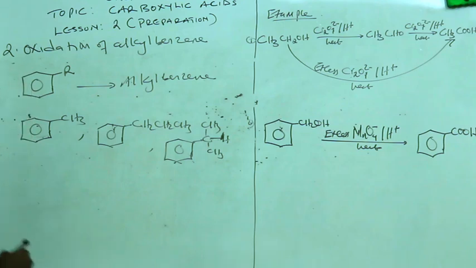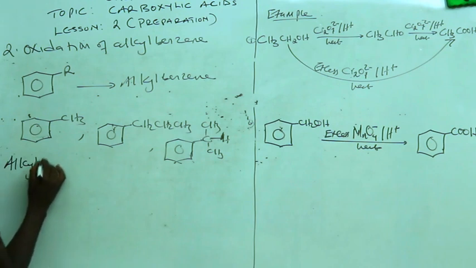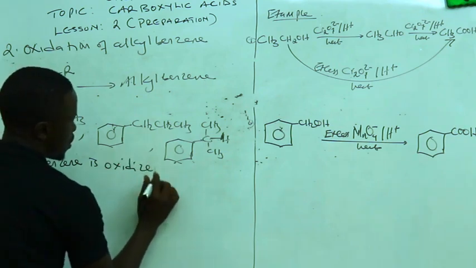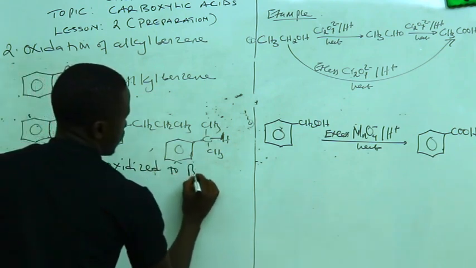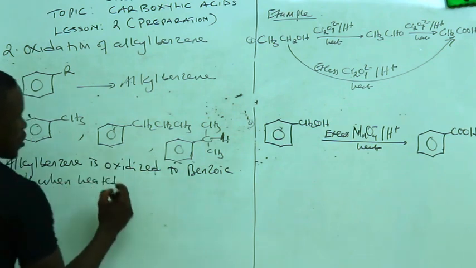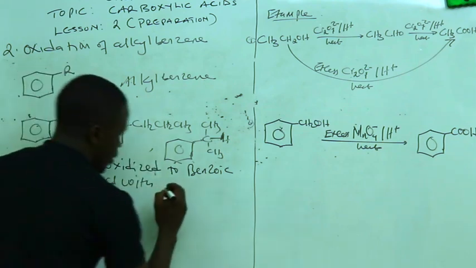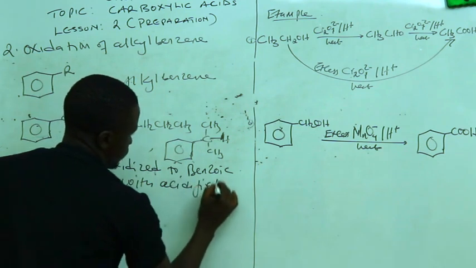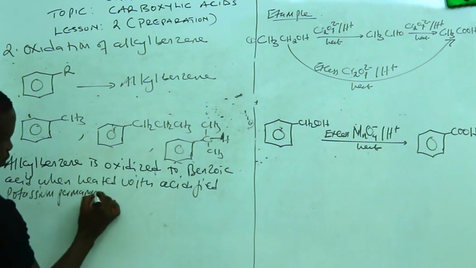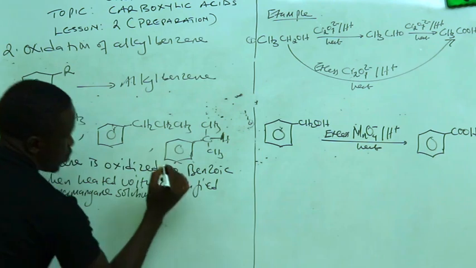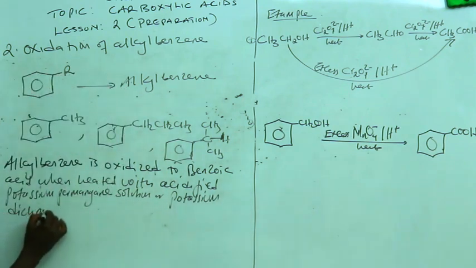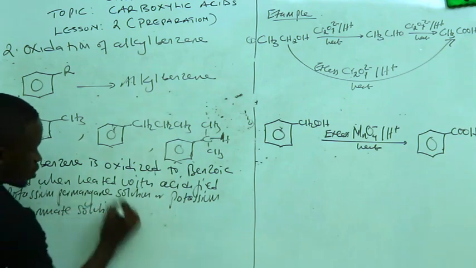So I'm going to say that alkyl benzene is oxidized to benzoic acid when heated with acidified potassium permanganate solution or potassium dichromate solution.